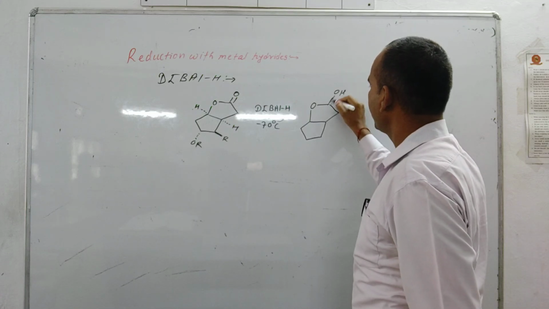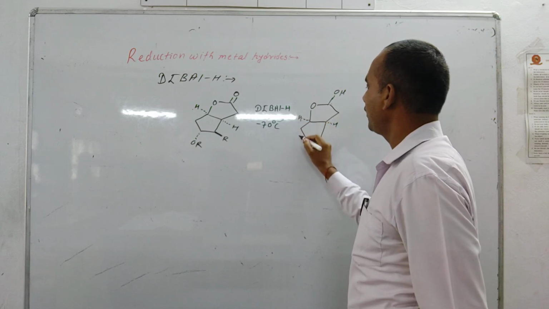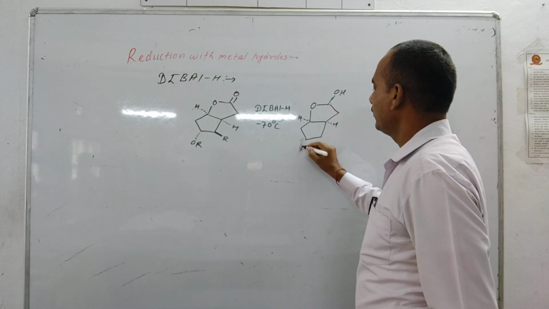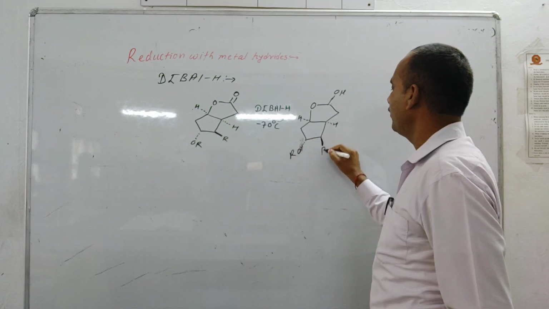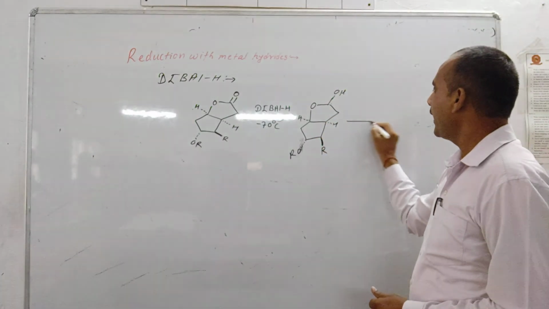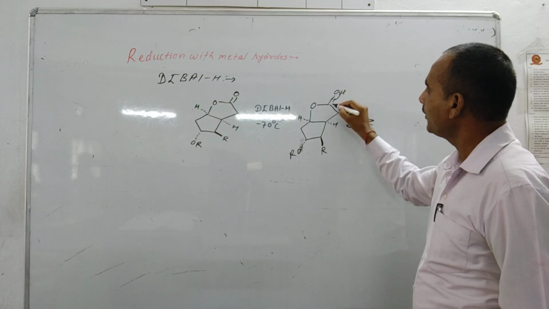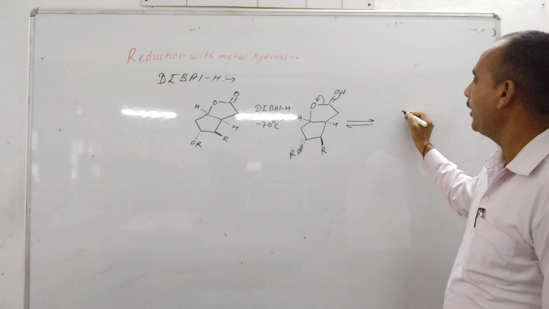Lactol formation takes place. There is the H, OR, and here the R group remains as this. So this lactol formation takes place, and this lactol gets opened to form the semi-lactol.